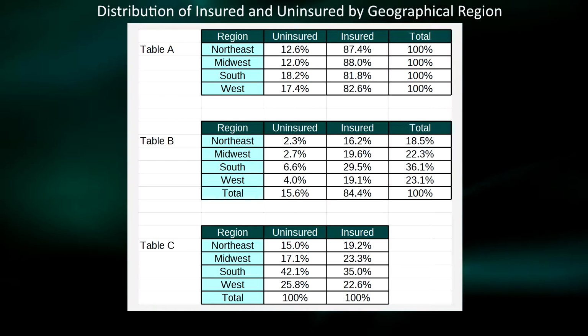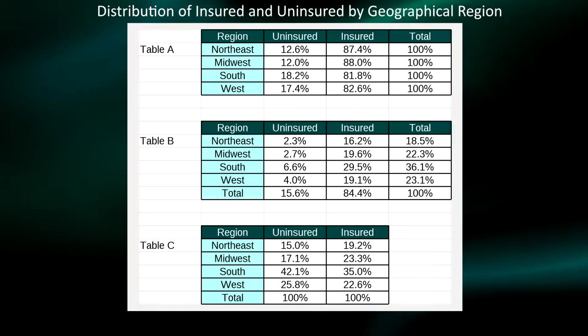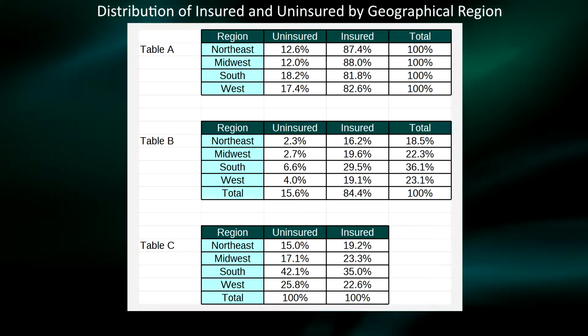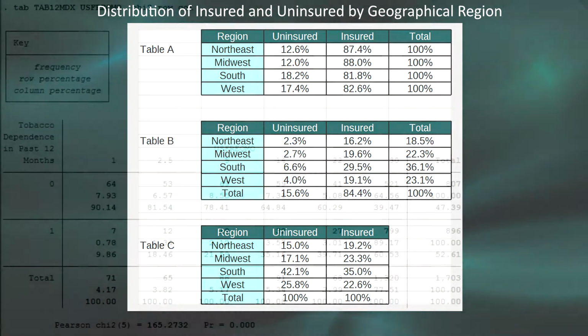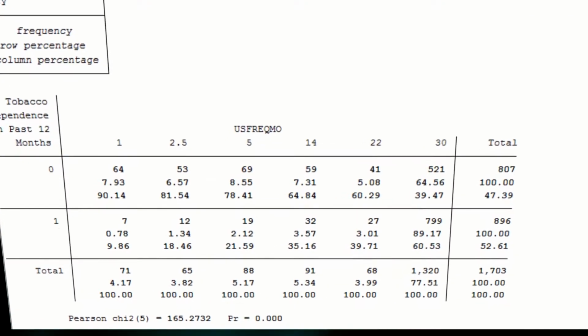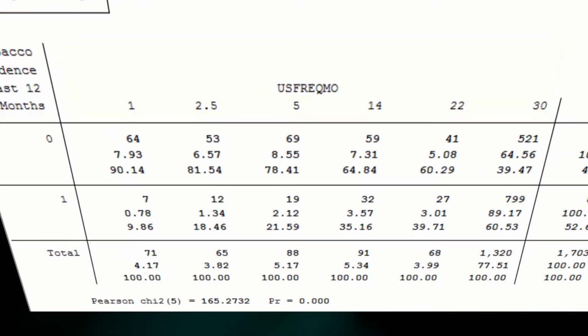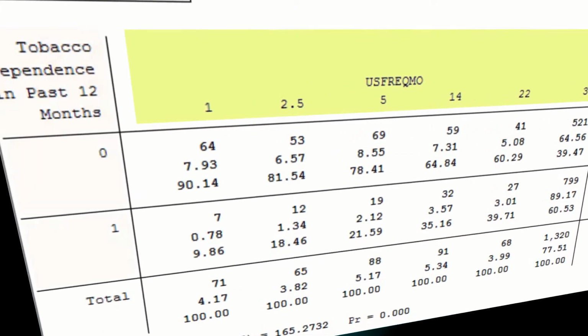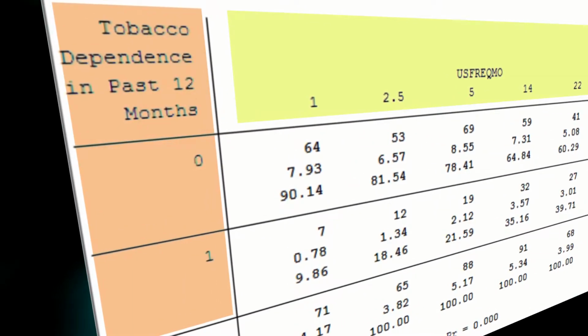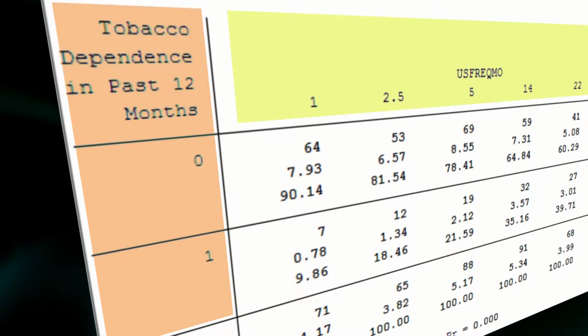So which of these percentage types should we examine when trying to interpret the chi-square results for smoking frequency and nicotine dependence? If the output is set with the explanatory variable categories across the top of the table and response variable categories down the side, it will be the column percents that we want to interpret.